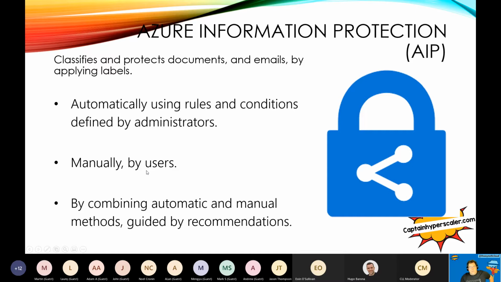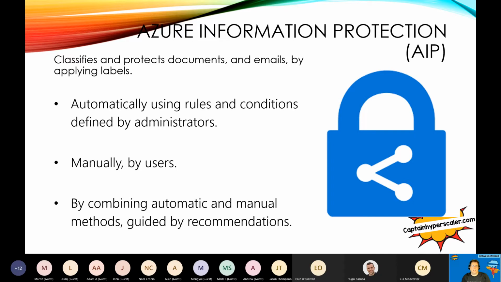Azure Information Protection, or AIP, is a way to protect your documents, emails, applying labels and applying different methods for protecting information through rules and conditions defined by your administrators.